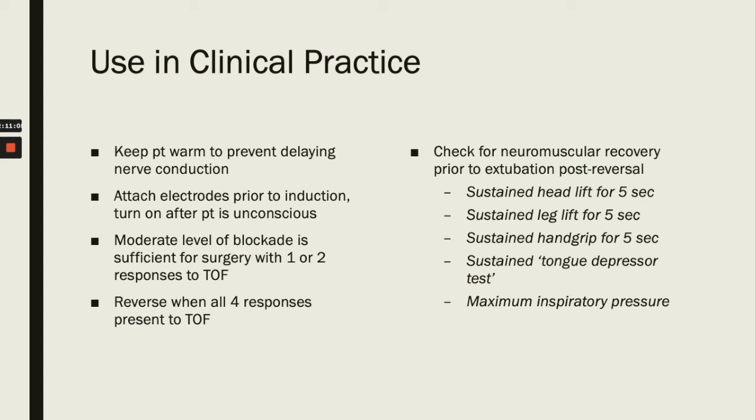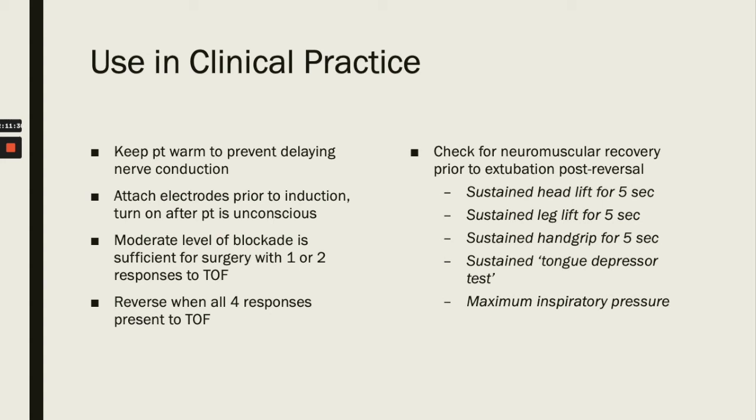They don't ever have to have 0 twitches. If they have 1 or 2 twitches, they're totally fine. Now, if they've got 3 or 4, you probably want to give them a little bit more paralytic so that they have just half their twitches, if you're using train of 4 to monitor. Only reverse when all 4 of the responses are present to the train of 4.